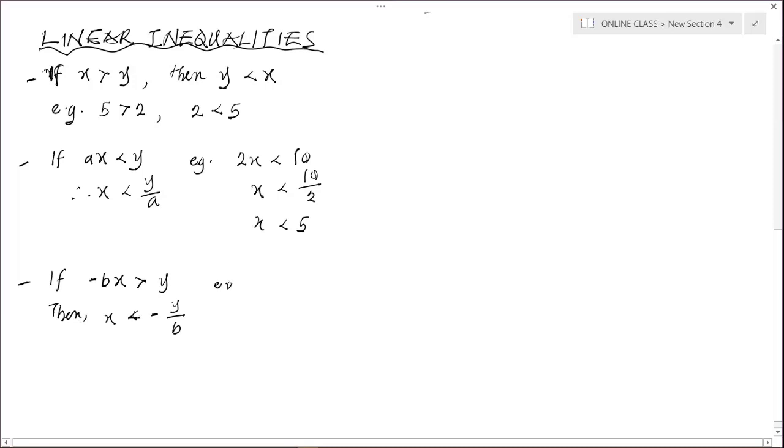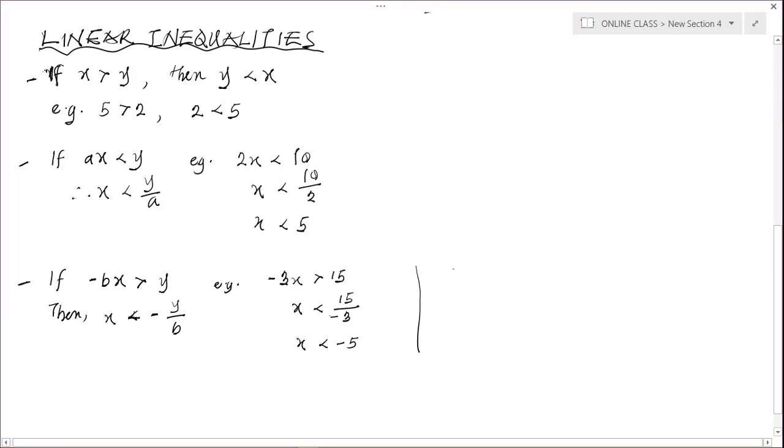I will give you 2 examples here. Let's say we have minus 3x is greater than 15. Then x here is less than, because I'm dividing with minus 3, and our answer will be x is less than minus 5.